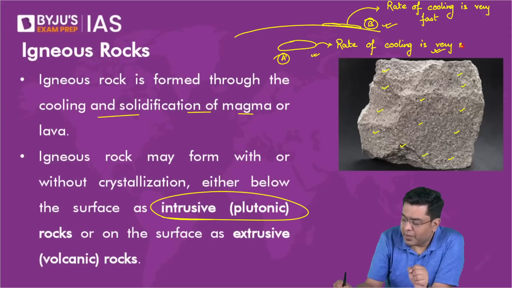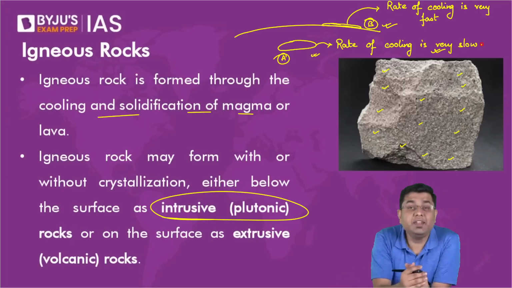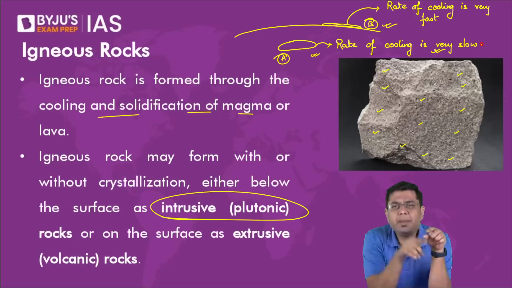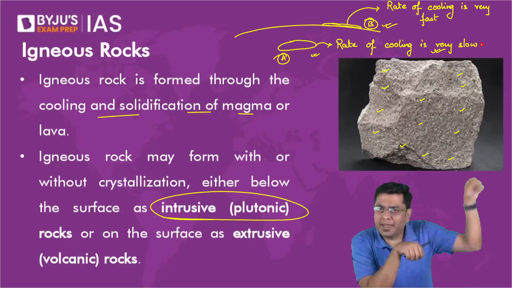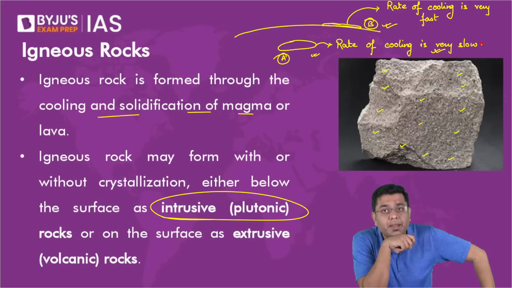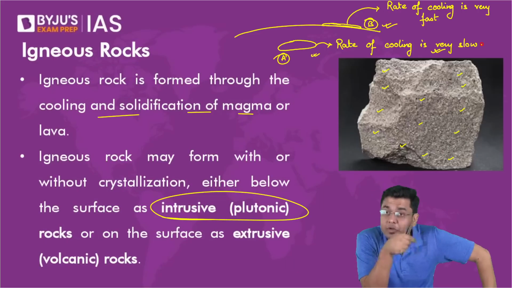Okay. Now, if the rate of cooling is very fast, the particles, will they be able to make multiple linkages with the different bonds or the different particles which are present? No, because they will solidify as quickly as possible.